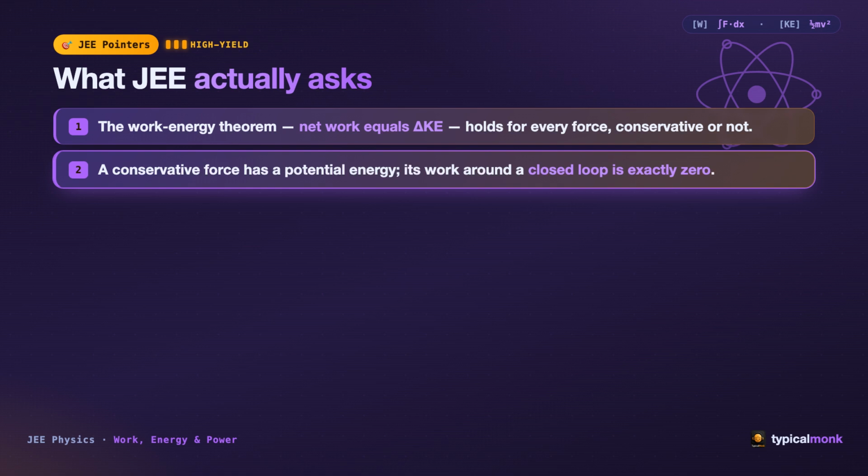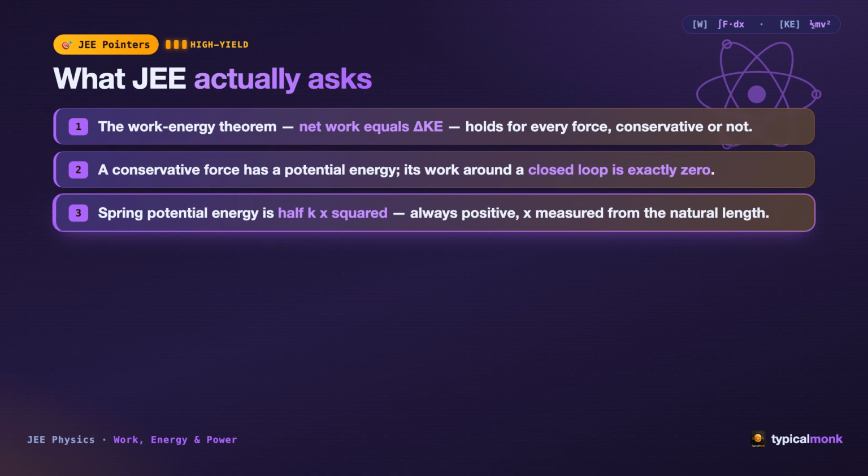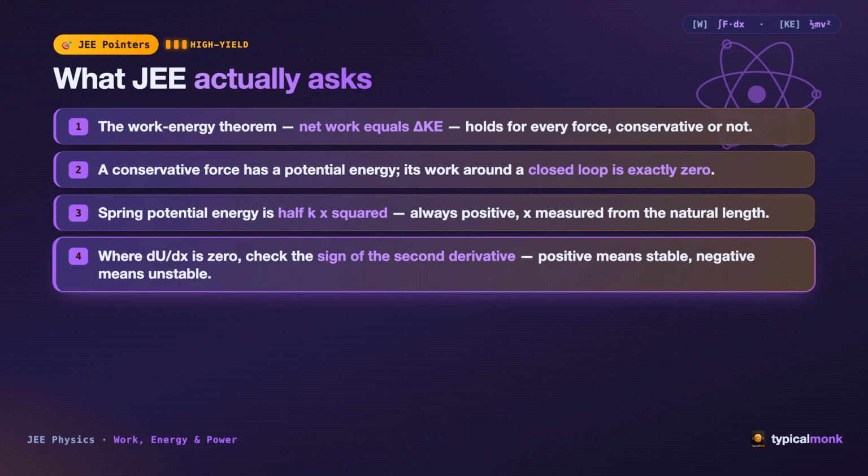A favorite trick question. 3. Spring potential energy is 1/2 k x squared, and it is always positive, with x measured from the spring's natural unstretched length. 4. Wherever dU by dx is 0, look at the second derivative of U. Positive means the point is stable, negative means it is unstable.